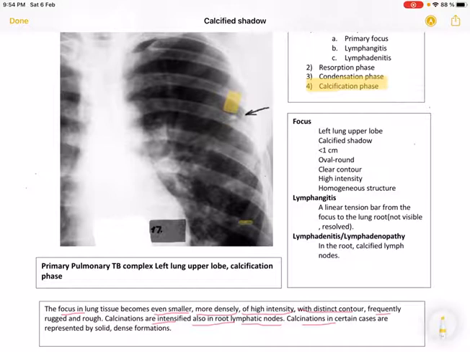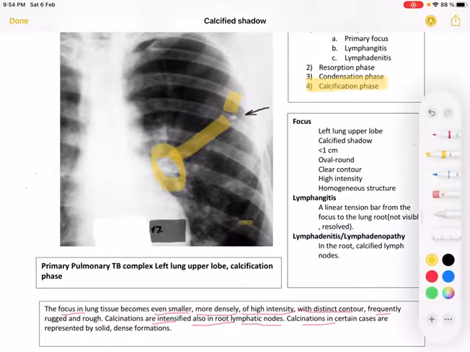This is the primary focus. It is not a primary complex because there is no lymph vessel visible, and there is a calcified lymph node. So this is what we sometimes call a Ghon focus.